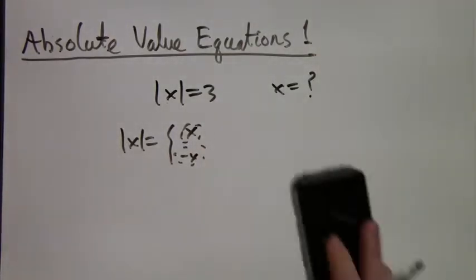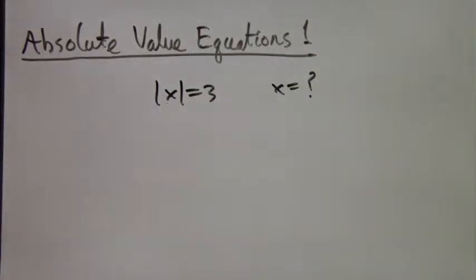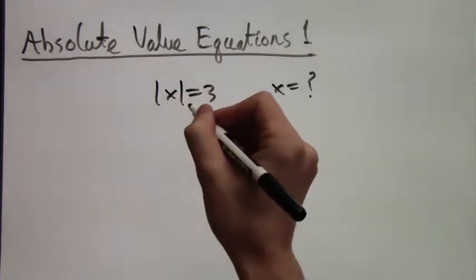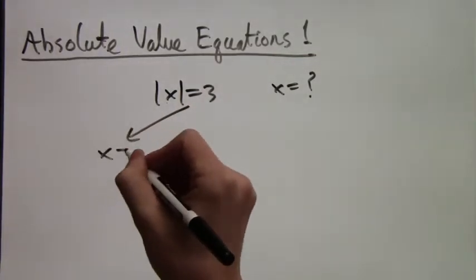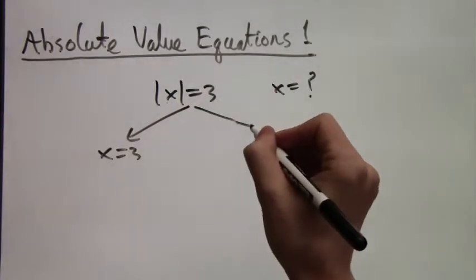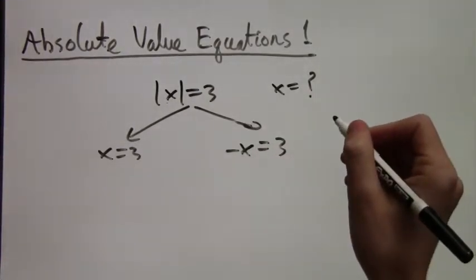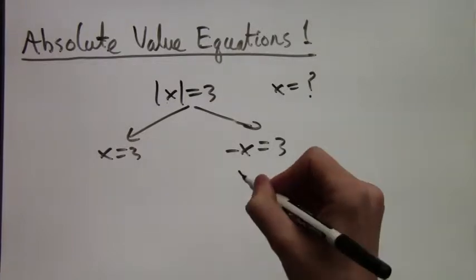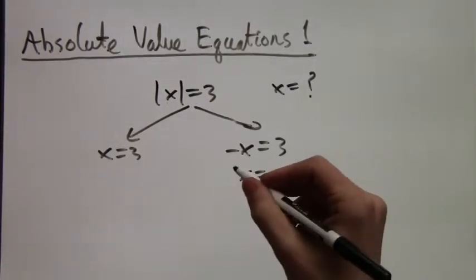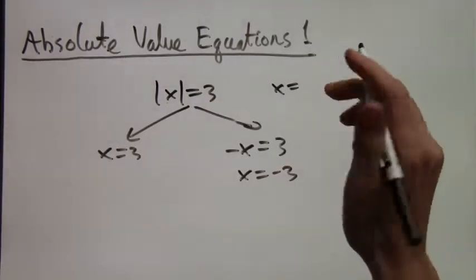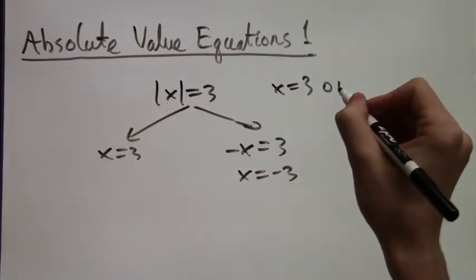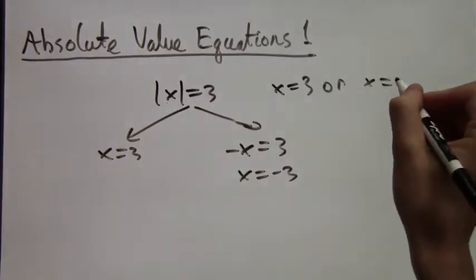So really what we want to solve are two equations. One of them is x equals 3, and the other is negative x equals 3. Negative x equals 3 means x equals negative 3, and the other side is already solved. So this gives us two possible answers, x equals 3 or x equals negative 3.